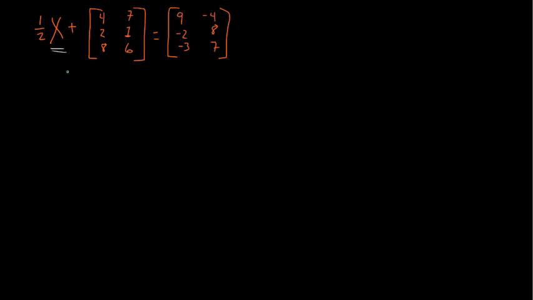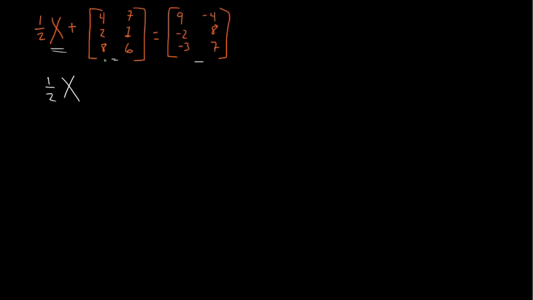You can go ahead and stop it and figure it out and then come back and take a look, but I'm going to go ahead and answer it now. The way you do it is basic algebra. So we have 1/2 of this unknown matrix plus this matrix equals this one.